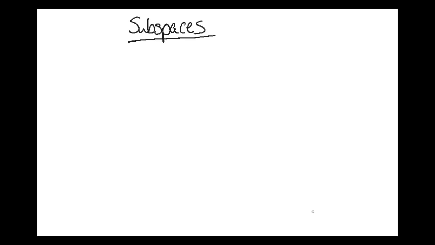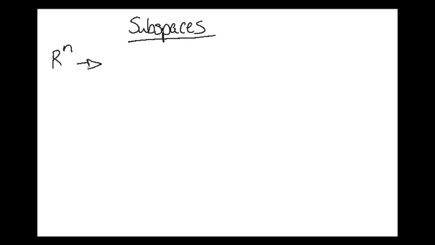Today we're going to be talking about subspaces. What is a subspace? Well, a subspace is basically a subdivision of either R2 or R3 in which there's a certain pattern to that subspace.